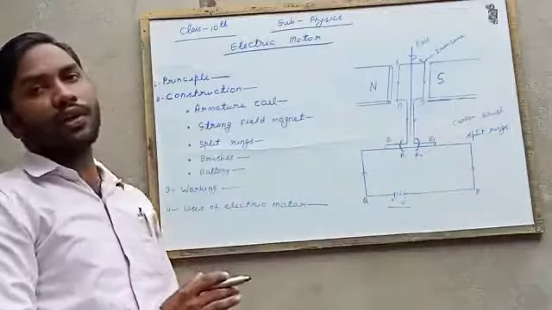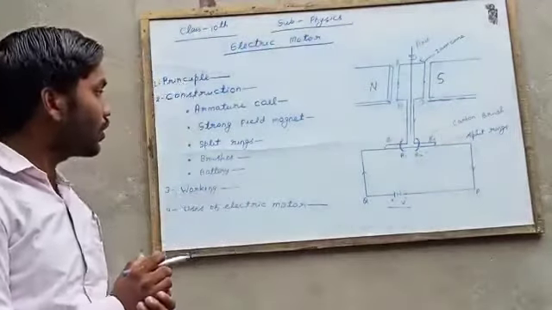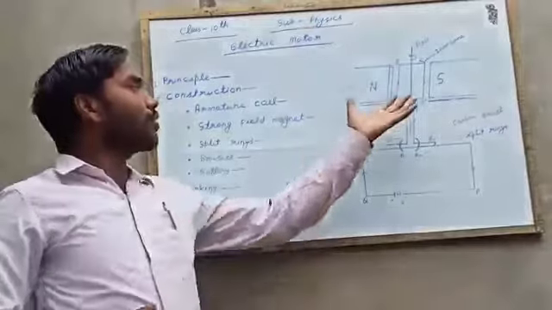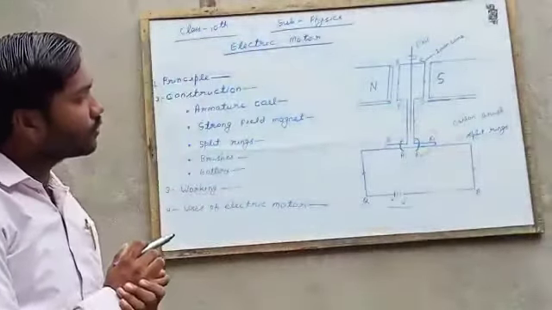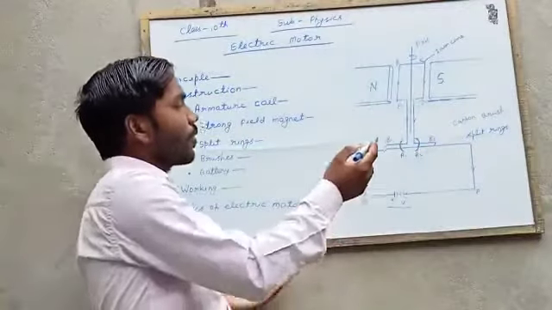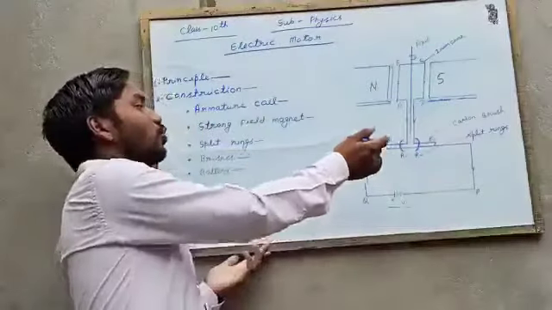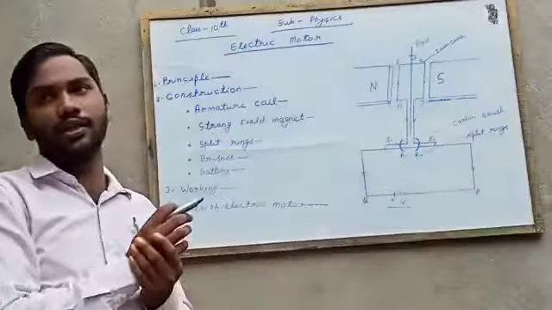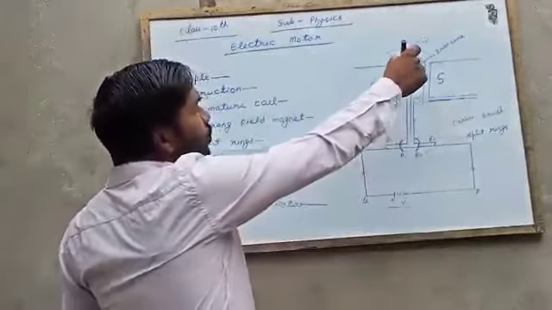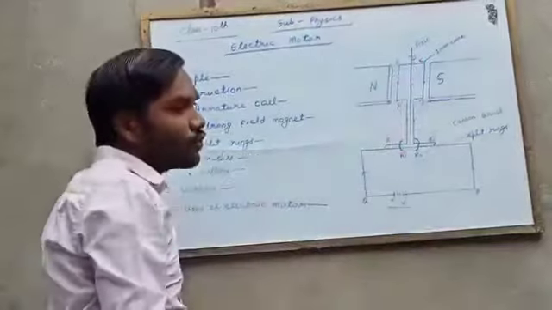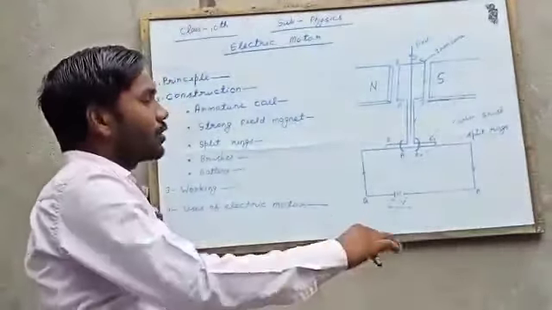After that, working. How it works. You can see the connection here, how it is connected. When current is passed through coil ABCD, it will experience a force perpendicular to it.